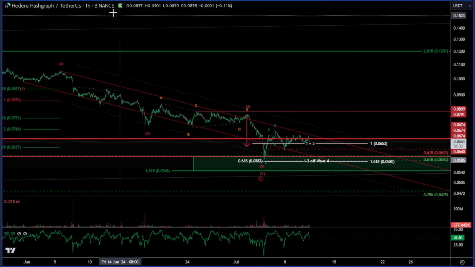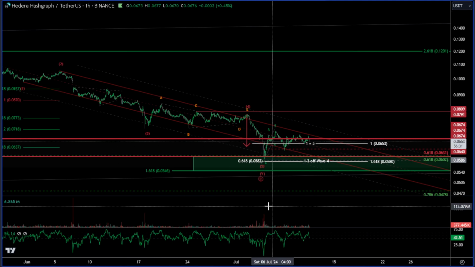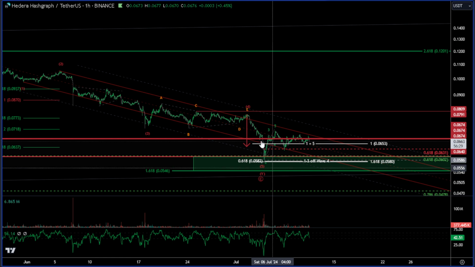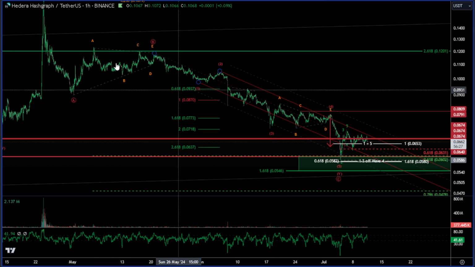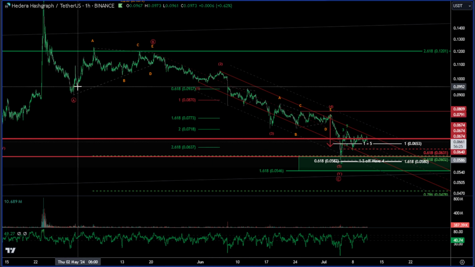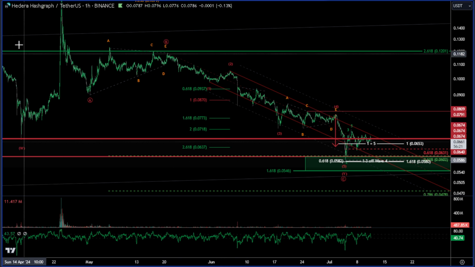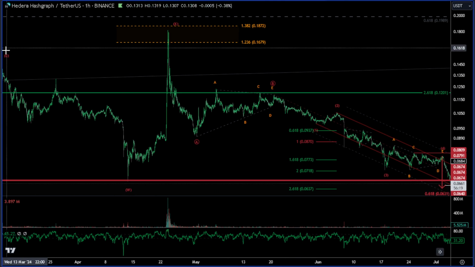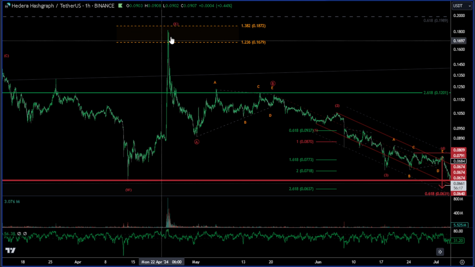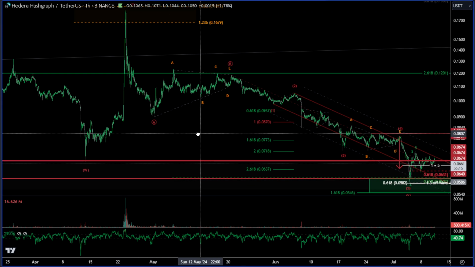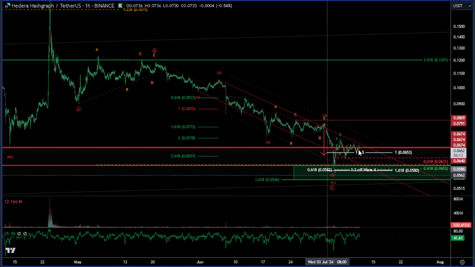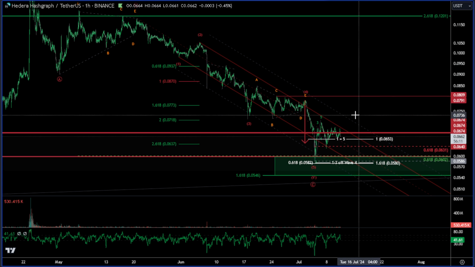Okay, so let's go to where we are right now. No divergence. We have a completed count as a ABC, WXY. We had our 3-wave move here, X wave up. Remember that one I showed you earlier about that flat? Would we have gotten it or not?